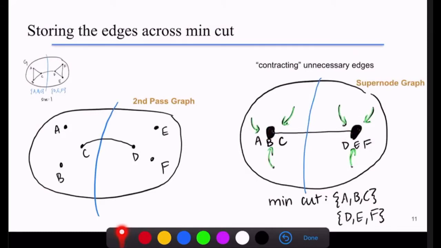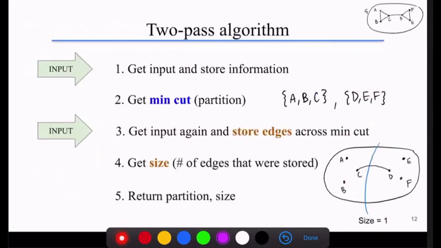The supernodes here just consist of vertices that are on the same side of the min cut. So ABC is on the same side of the cut, and DEF is on the same side of the cut. So we're only storing the edges that go across the supernode graph. Okay, so what have we said so far? We've said that in the first pass, we're going to get the min cut partition, and in the second pass, we're going to get the size, which is basically like storing the edges across two supernodes.